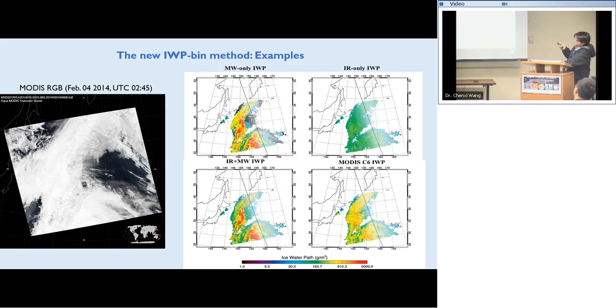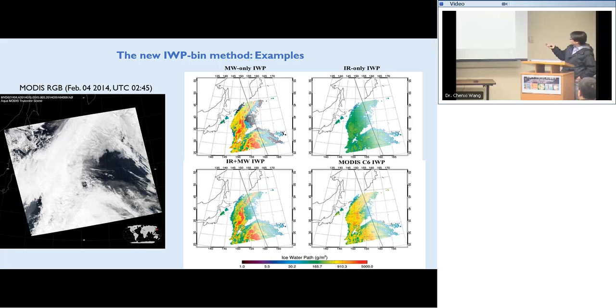But if you use infrared-only retrieval, this one, where we use the MODIS infrared channels, you can see that for thin cirrus clouds in this region, it has performed quite well, but it starts to saturate around an IWP close to 200 or 300 grams per square meter.